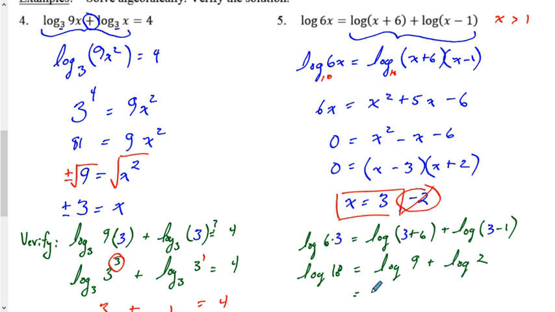Again, adding these two logarithms, I can multiply what it's operating on, so my right side, again, will give me the log of 18, and the left side is equal to the right side. So I do have that one solution where x is equal to 3.